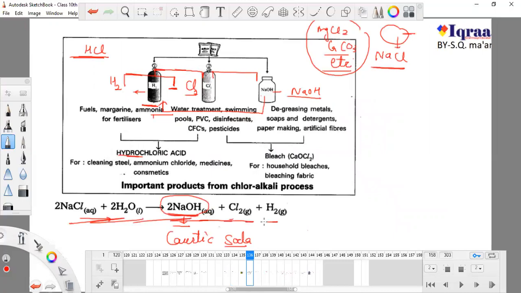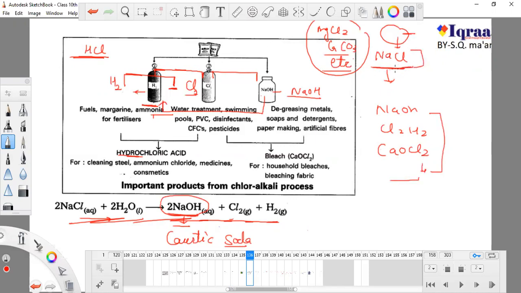We studied that the father of NaOH, Cl2, H2, CaOCl2, and the further salts we are going to learn is NaCl.